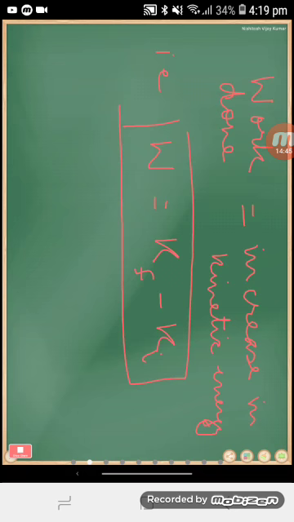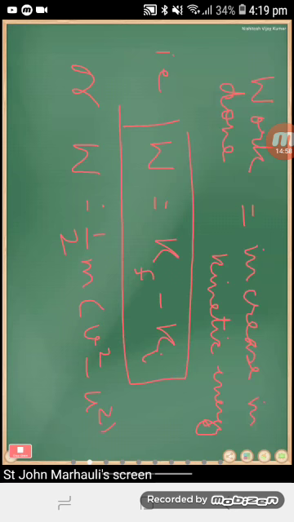This is the mathematical expression for work done, or you can also represent this as half m (v square minus u square). Okay, these are the mathematical expressions for the work energy theorem.